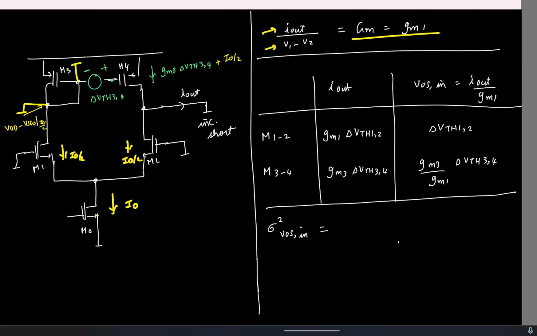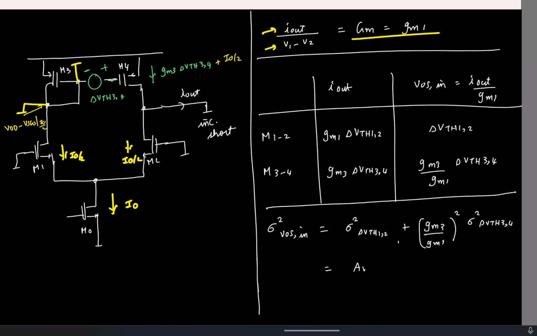Okay, first let's take the contribution of this guy. Sigma square delta VTH of 1 2 plus GM3 by GM1 square delta VTH3. Again, the result you get is very similar to what you had for noise. You know that sigma VTH is inversely proportional to the area, or square root of the area.